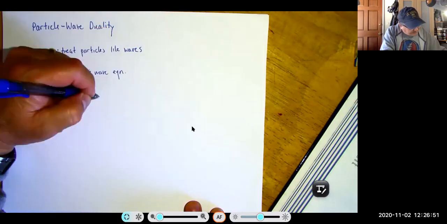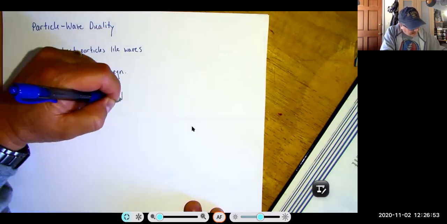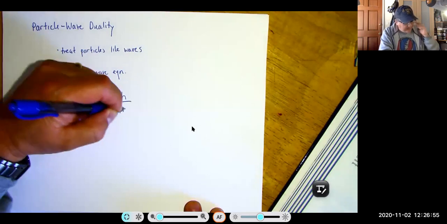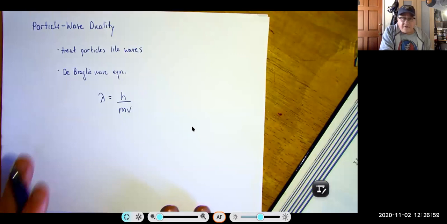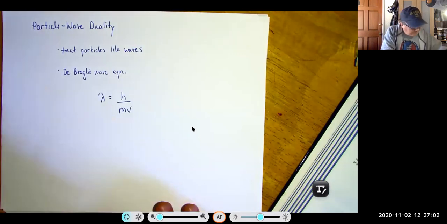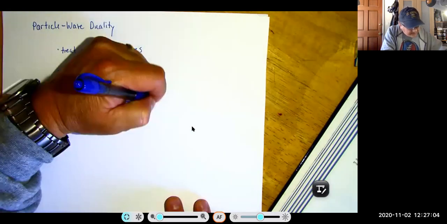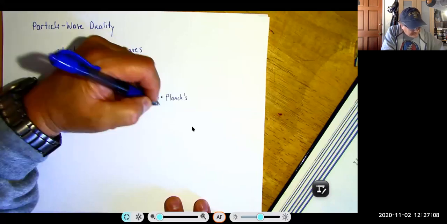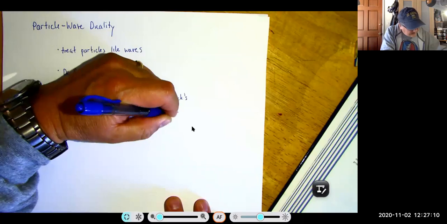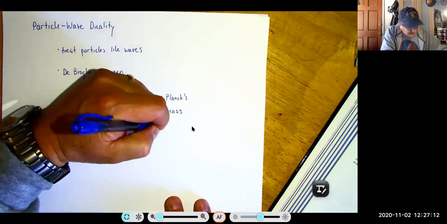And it is this: lambda is equal to h over mv. Now we got to be careful about what we're doing here, because this v looks like a volume v, but it's not. So h is Planck's constant. m is the mass, and v is the velocity.